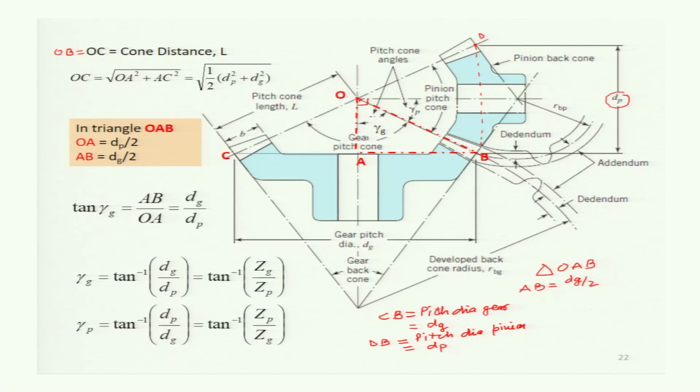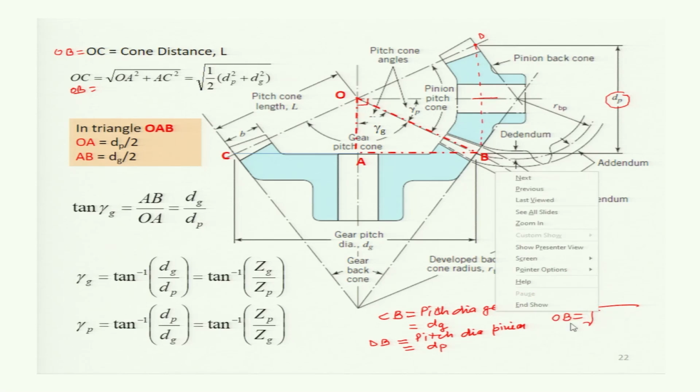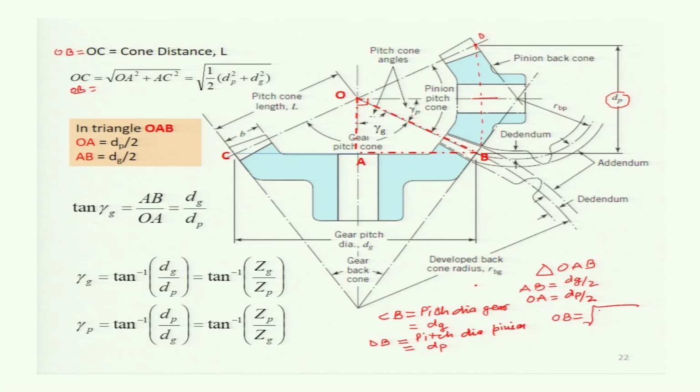So OA is DP divided by 2. So OC or OB is given by the square root of OA square plus AB square, that is, the square root of (DP divided by 2) square plus (DG divided by 2) square, as shown here.